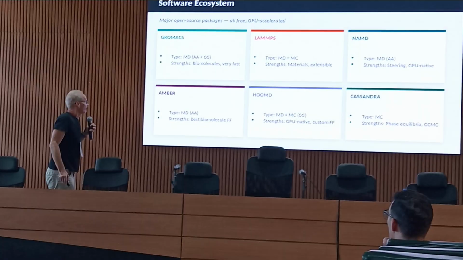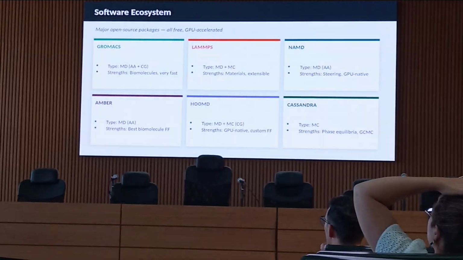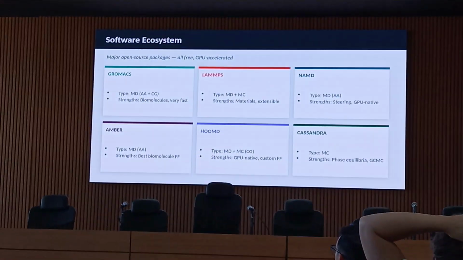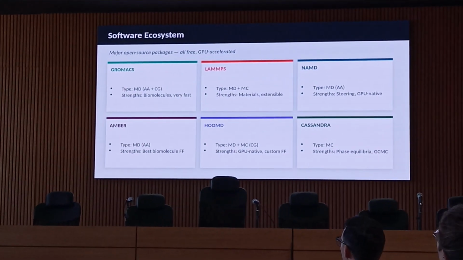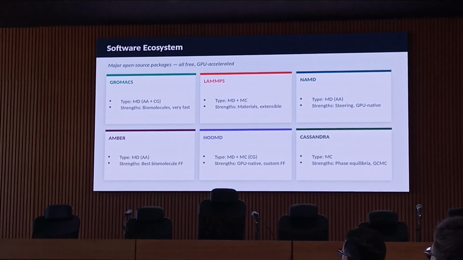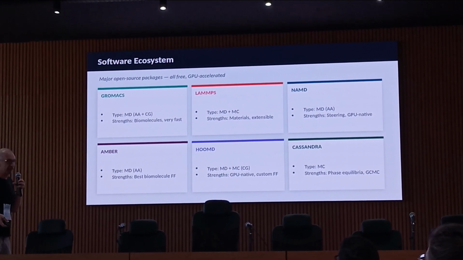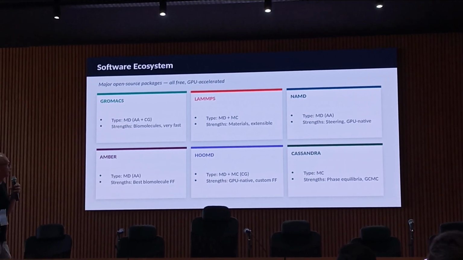So this is more or less a final slide where I also try to say that not only in molecular dynamics, but also in these coarse-grained simulations and Monte Carlo systems, there are packages who do the job.